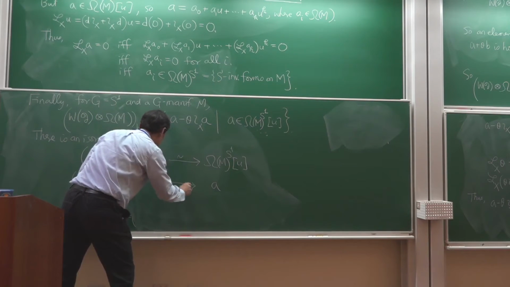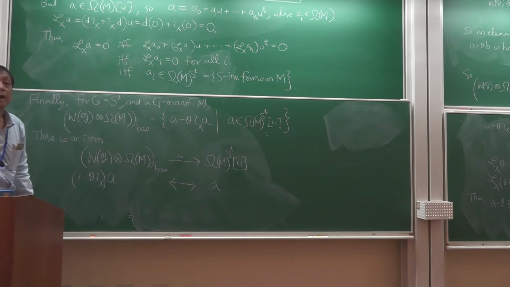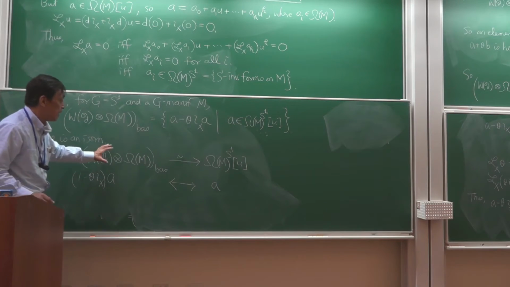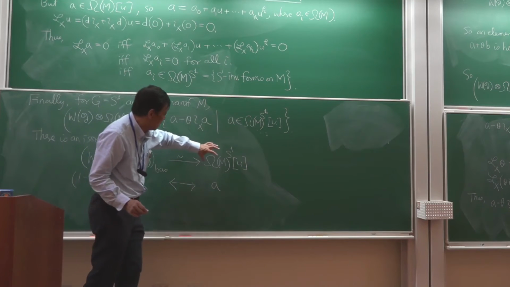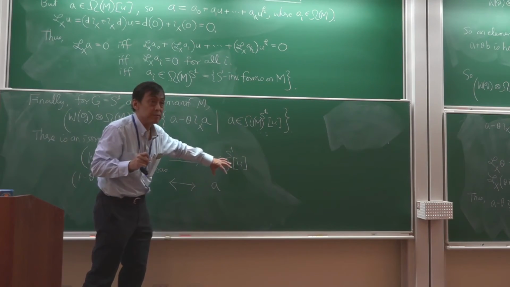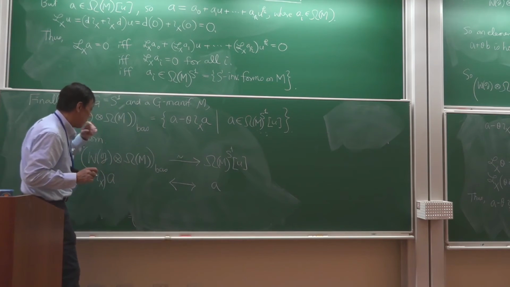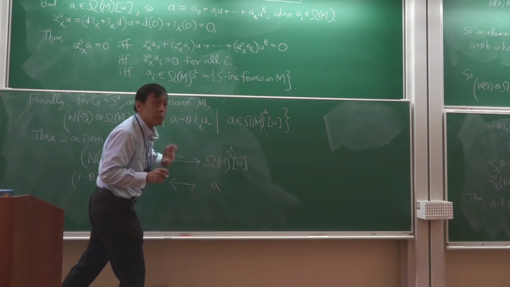Okay? A goes to this. Okay. So this is a simpler description than the Weil model, and this is called the Cartan model.